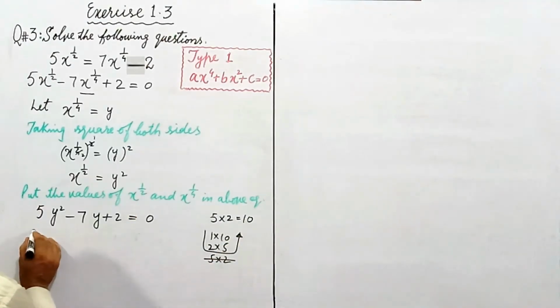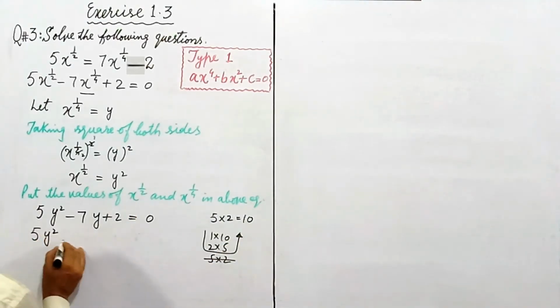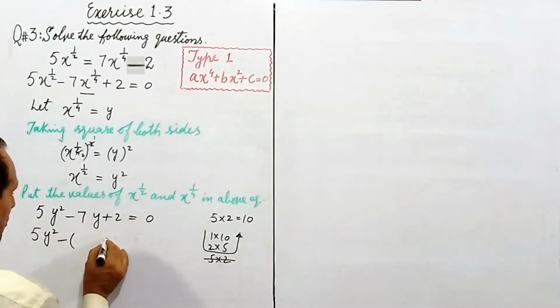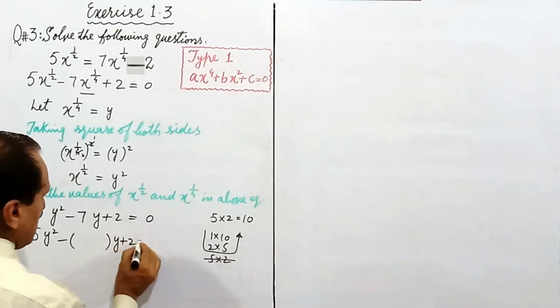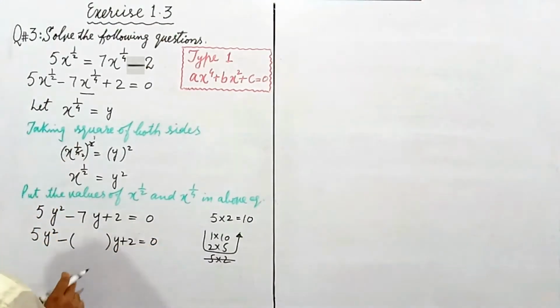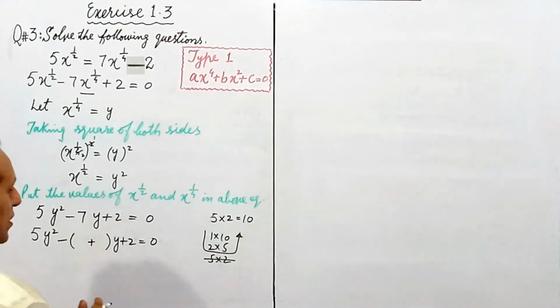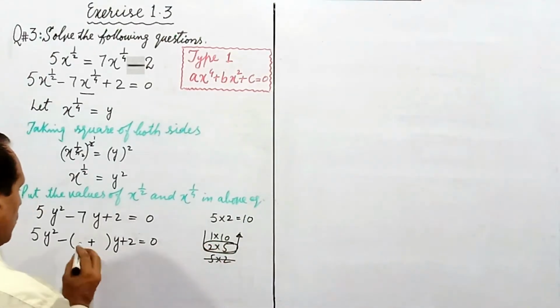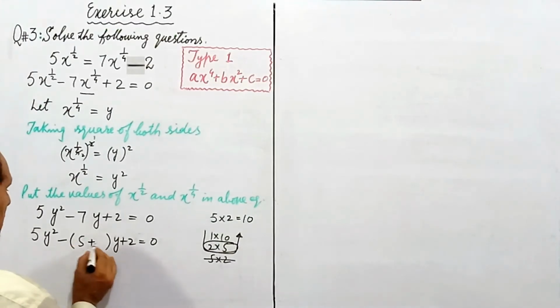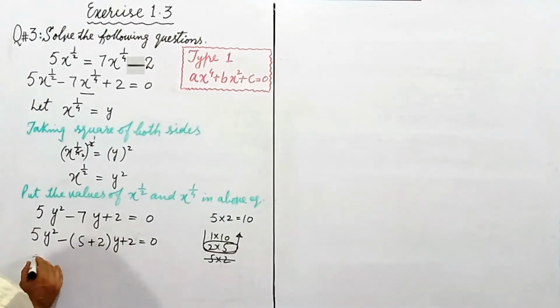We write in the next step 5y square minus, in place of 7 we put bracket, y plus 2 is equal to 0. The last term sign is plus, we put in the middle and we take those two factors which give us 7 and these are 5 and 2. We write the greater number first and the smaller number after it.